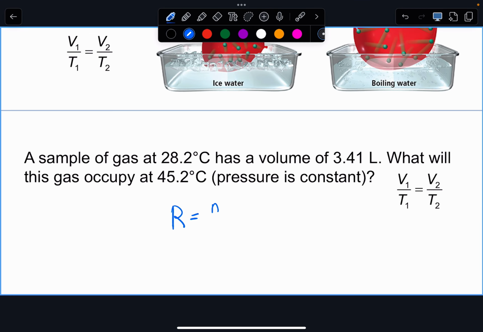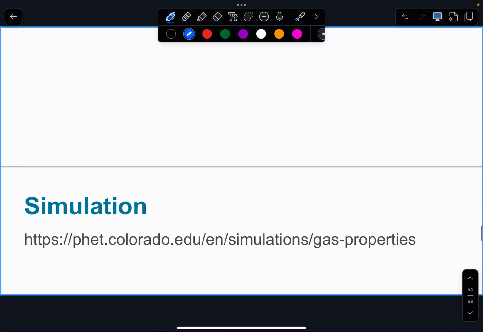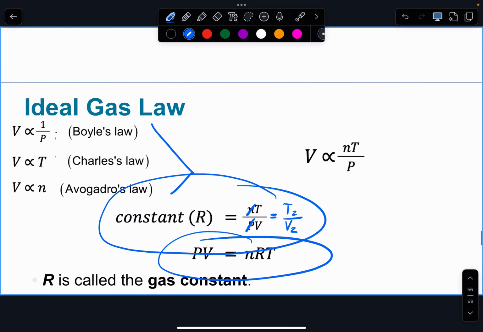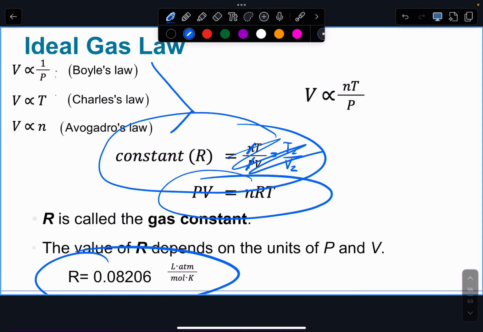Yeah, it's not wrong. It's just going to be the wrong R. So scratch this out in your notes and put PV over NT equals R. You'll get the same answer, but this one makes a whole lot more sense. Now I've got to go in and make sure to change that for next year.